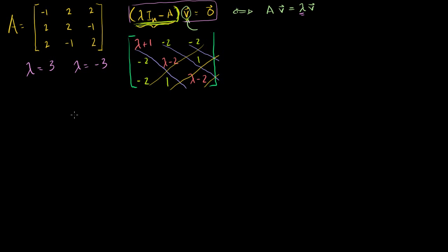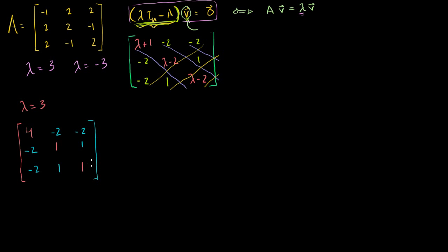So let's take the case of lambda is equal to 3 first. If lambda is equal to 3, this matrix becomes lambda plus 1 is 4, lambda minus 2 is 1, lambda minus 2 is 1, and then all of the other terms stay the same: minus 2, minus 2, minus 2, 1, minus 2, and 1.